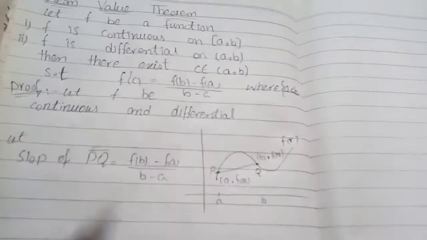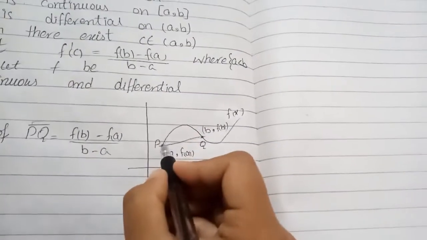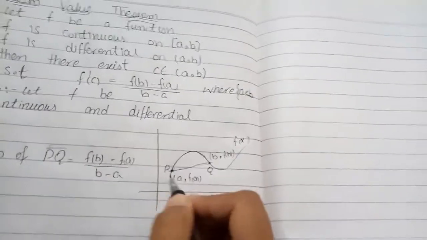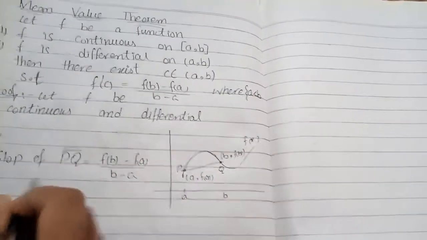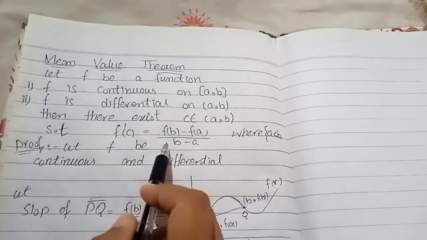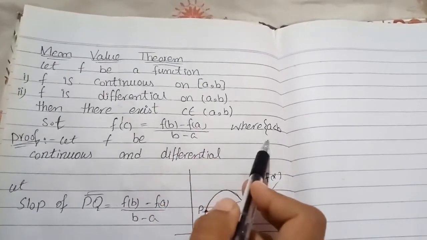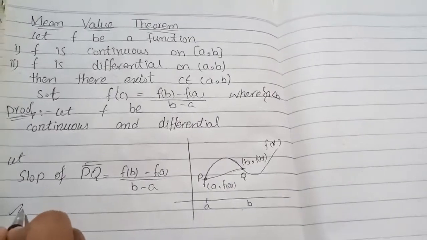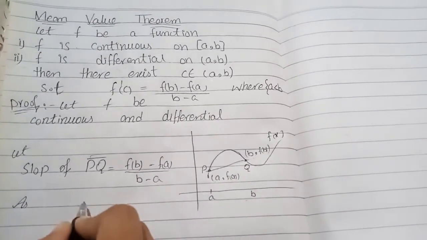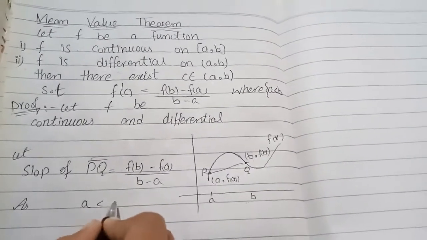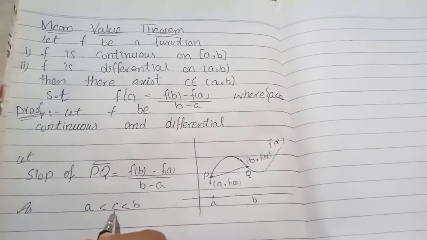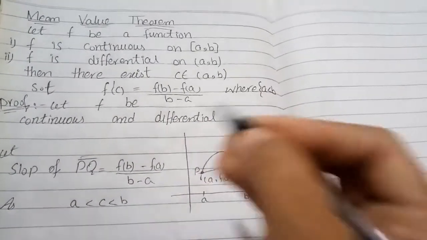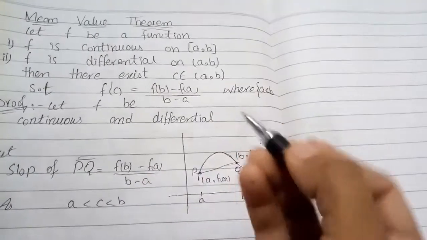Then we say that this is the curve and c is between a and b, because c belongs to the interval and a is less than b. So we write a is less than c and c is less than b. So c is any point in the interval between a and b.